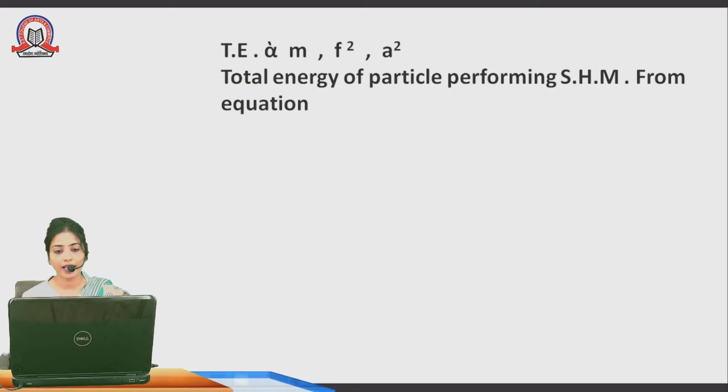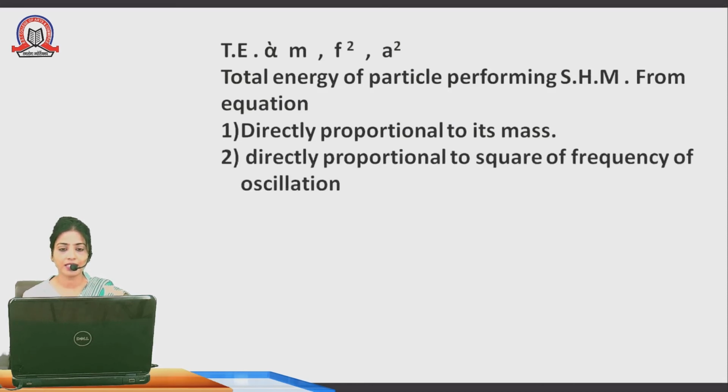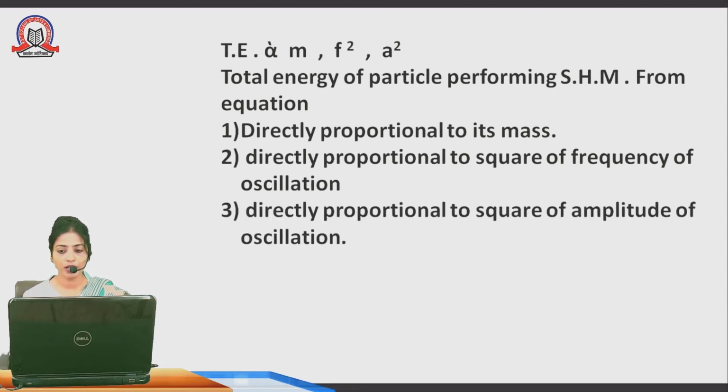The total energy of a particle performing SHM from equation, the first is it is directly proportional to its mass. The total energy किसको directly proportional करेगी? The total energy is directly proportional to mass. And the second one is the directly proportional to square of frequency of oscillation. The third one is directly proportional to square of amplitude of oscillation.